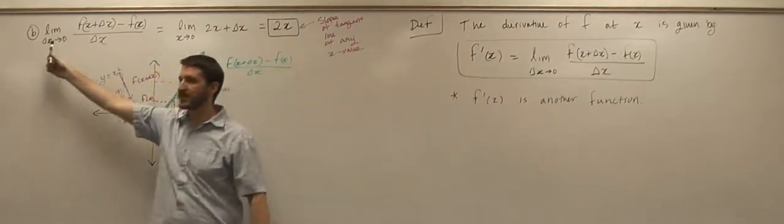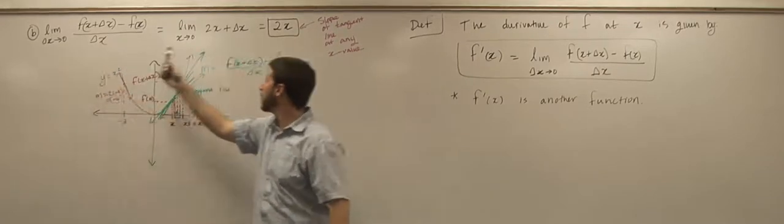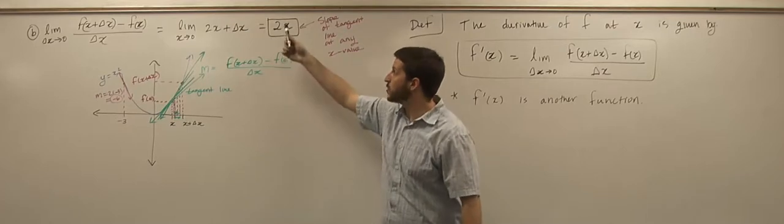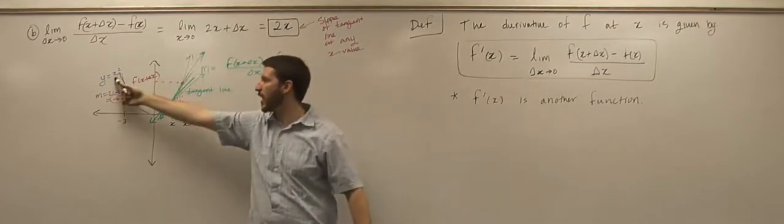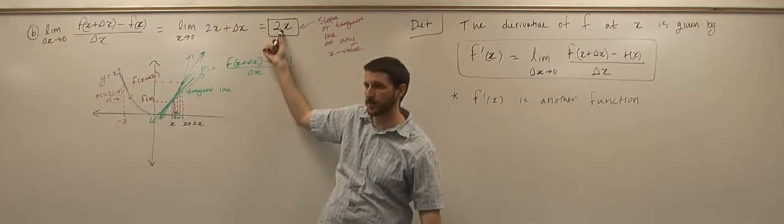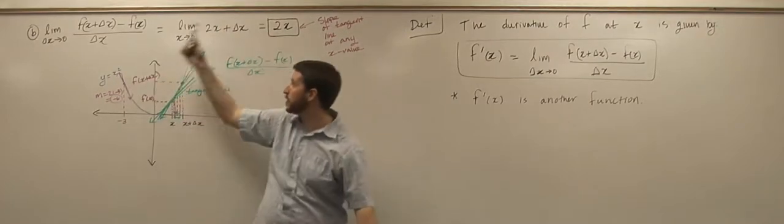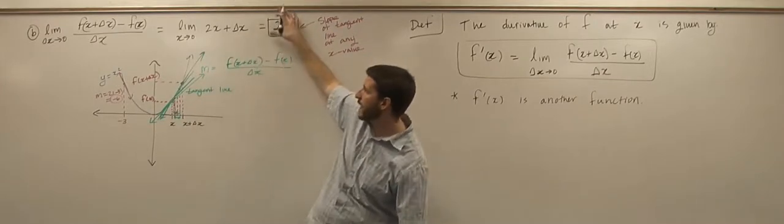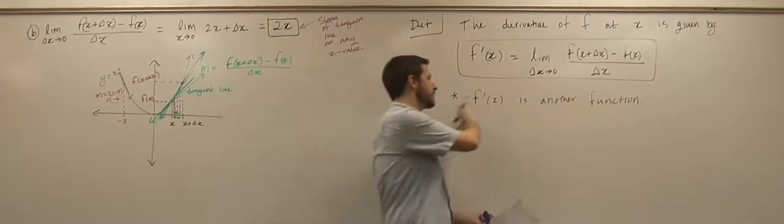When we did this limit as delta x goes to 0, we got 2x, a whole new function. And the way 2x is related to x squared is that 2x gives you the slope of the tangent line at any point. Okay, but there's one new function. It's a totally new function, not just a single value. Okay, so the derivative is a function.